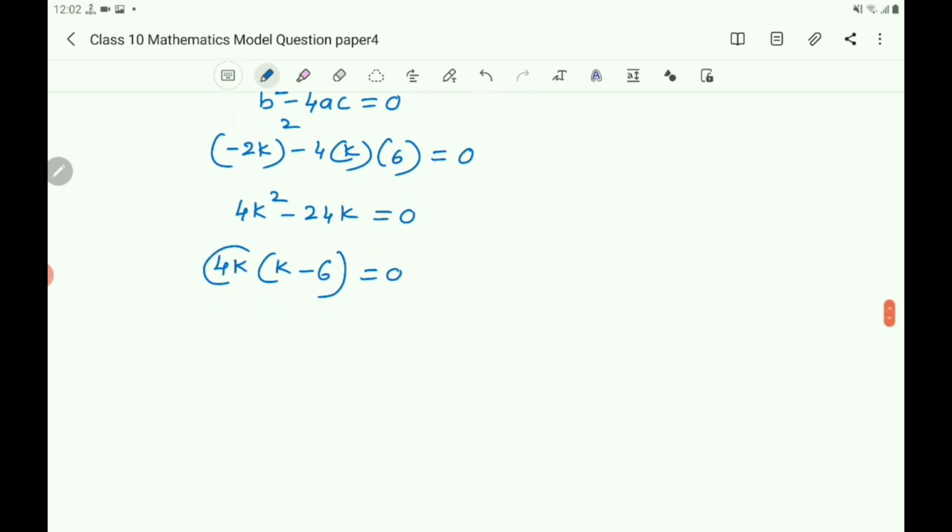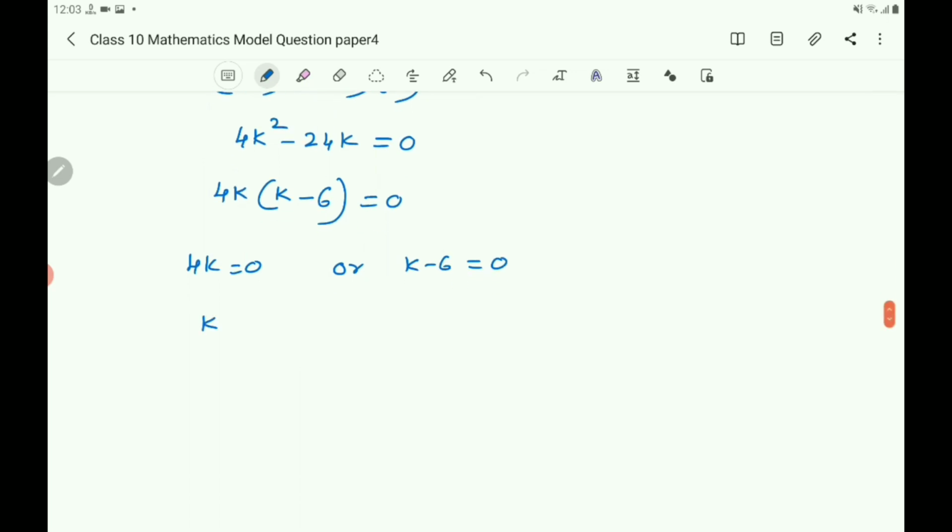Then you equate 4k equals 0 and k minus 6 equals 0. So write 4k equals 0 or k minus 6 equals 0. Then here you will get k equals 0 or k equals 6.